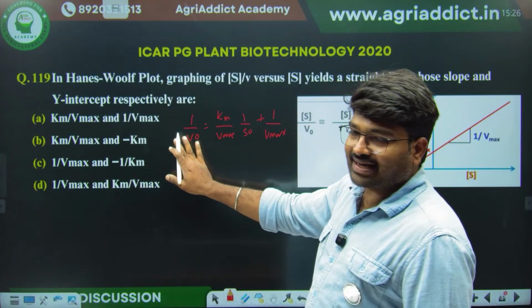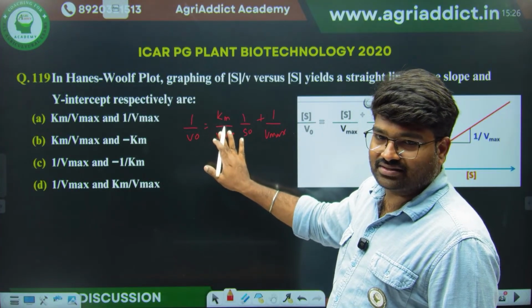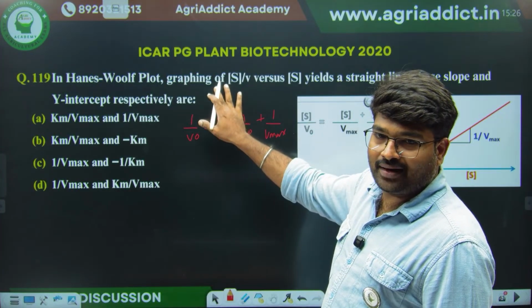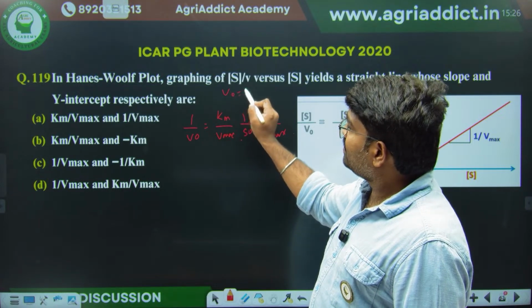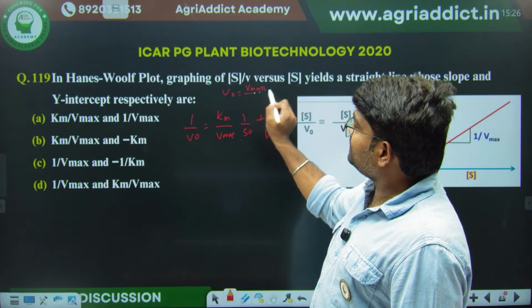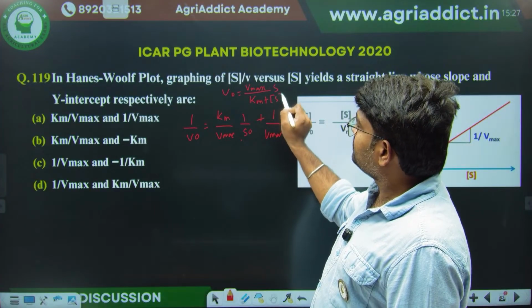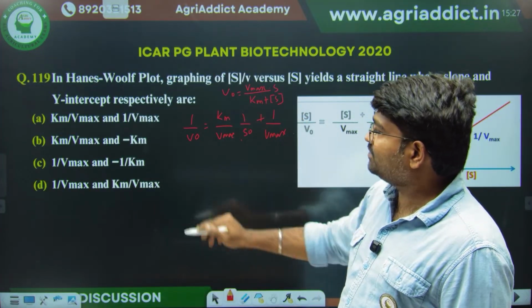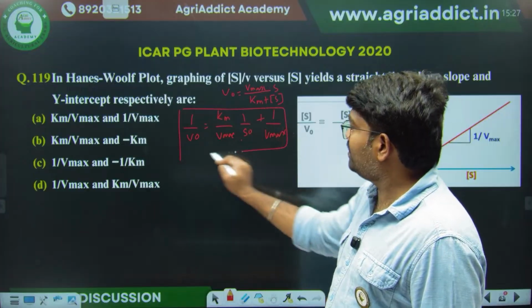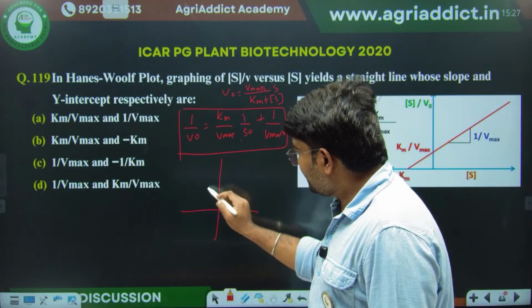This we know, this is the Lineweaver-Burk plot equation. This is just a double reciprocal of the Michaelis-Menten equation, V0 = Vmax [S]/(Km + [S]). Okay, this is just a double reciprocal. This is the Lineweaver-Burk plot equation.